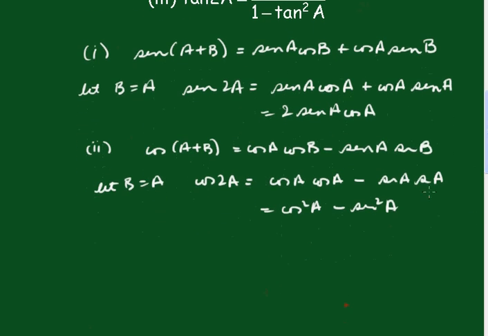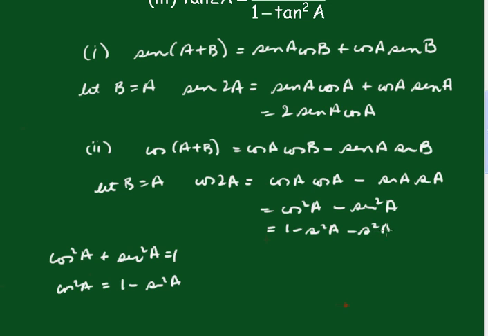Now there's something else we can use here. We know that cos squared A plus sine squared A equals 1. So what we can do here, we can replace the cos squared A with 1 minus sine squared A. And that gives me 1 minus sine squared A minus sine squared A, which is 1 minus 2 sine squared A, which you may find useful.